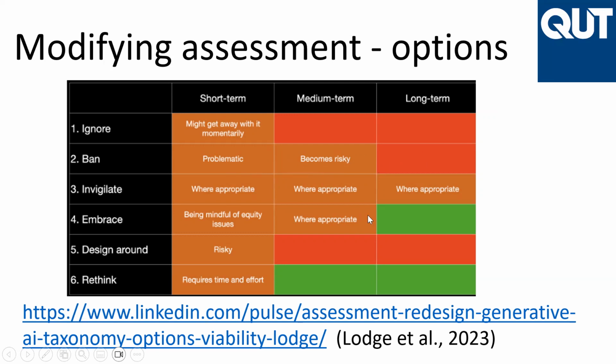In the medium term, it becomes risky, and that's partly because these tools become part of working environments, and therefore will become part of expected skill sets of graduates. So banning them is probably not a good option. In the long term, it's definitely a really bad option.